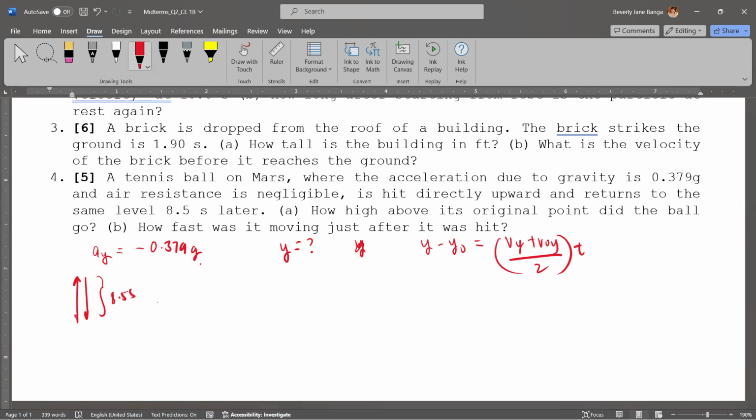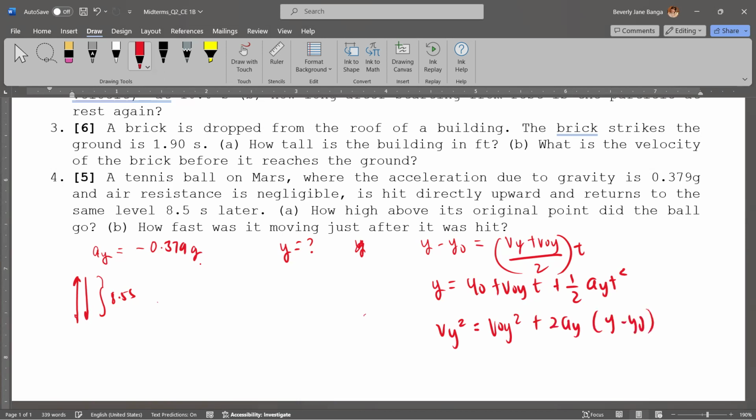Or we can use y is equal to y naught plus voy t plus 1 half ayt squared. Okay. So, pwede din naman yung pangatlo, no? vy squared is equal to voy squared plus 2ay times y minus y naught.